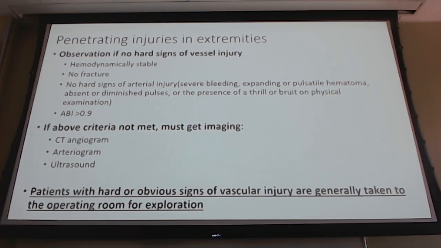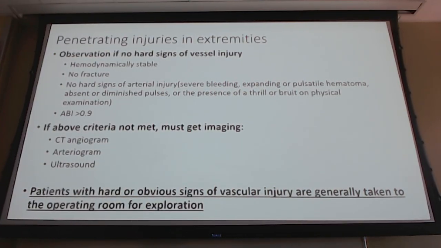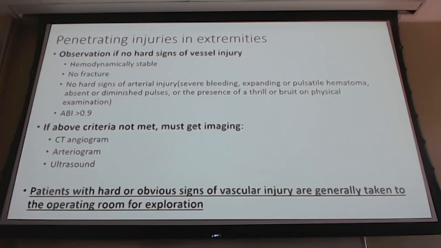No hard signs, we can observe. See how they do. Okay? As well as their ABI must be above 0.9. If any of these things are not met, right? If they're not hemodynamically stable, their ABI is less than 0.9, or they have any single one of these hard signs, we're going to do something.